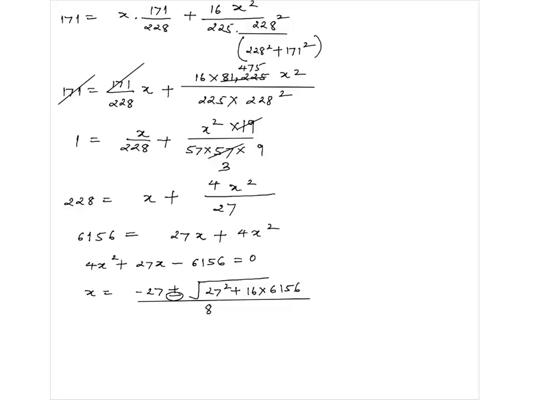So 27 square plus 16 into 6156. Nine nine two two five.